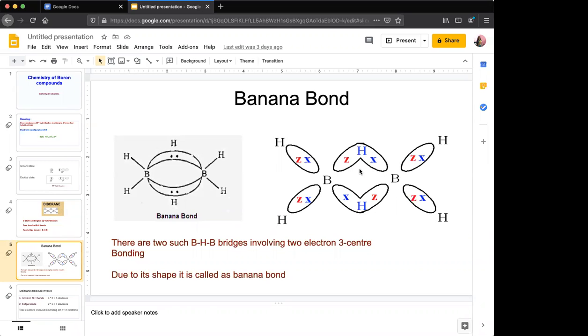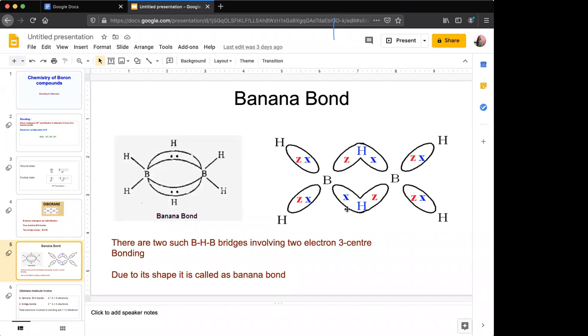So this is BHB, bridge bonding. There are such 2 bridge bonds, and this is called 2 electron 3 center bonding. Now these 2 electrons X and Z will move from this boron atom to this boron atom, okay?